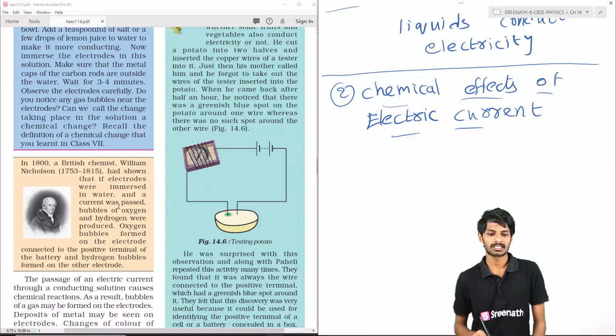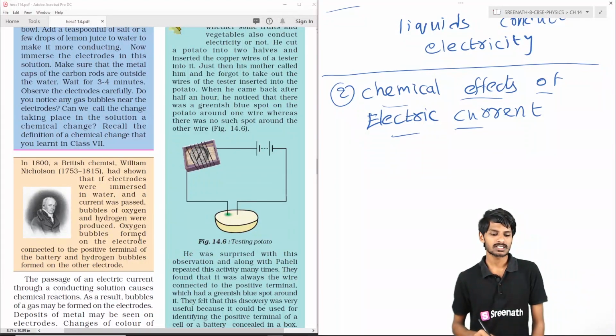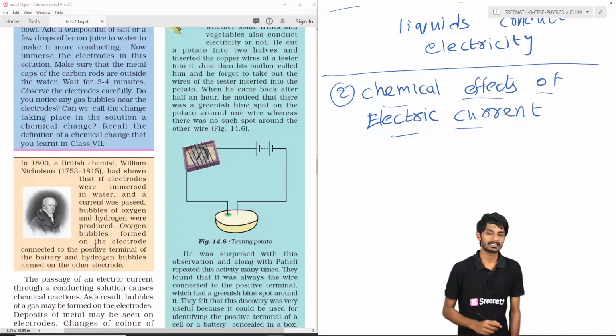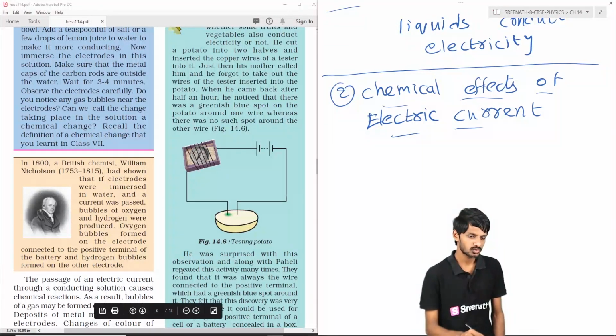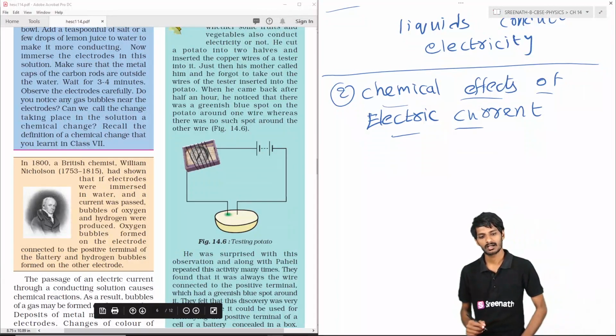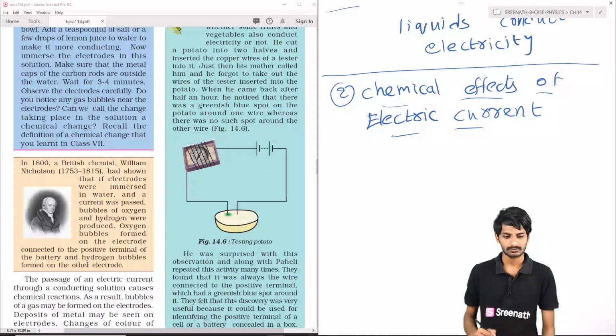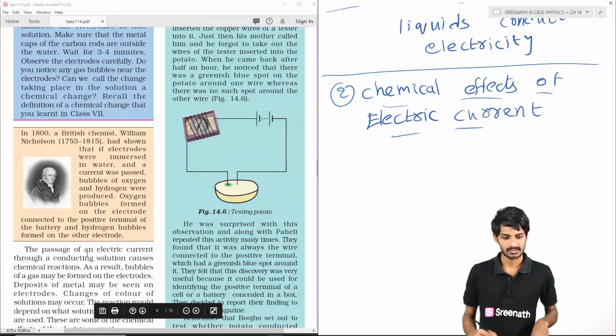Oxygen bubbles will come near the electrode connected to the positive terminal, and hydrogen bubbles will form on the other electrode. That is the case, students.